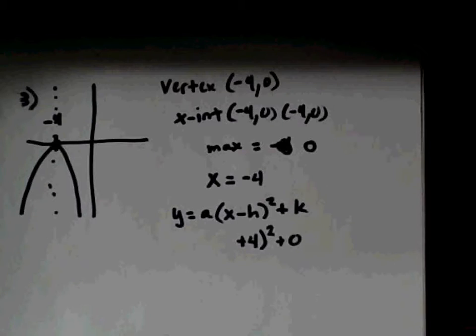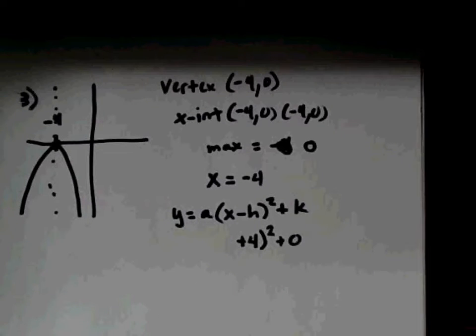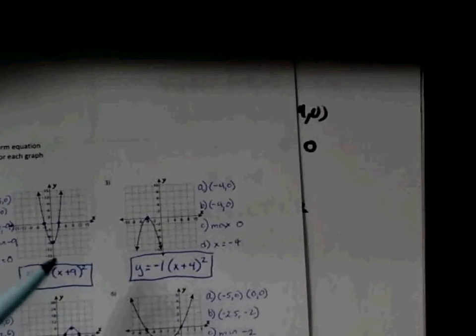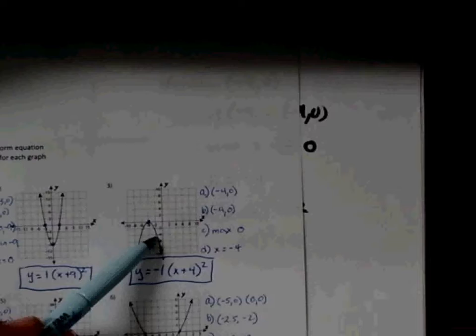So now here's where our issue entailed, because we were using the x-intercept for our x and our y. So we're going to have to look at the graph, and I'm going to show you a picture of the graph, and I'll show you what point I used, okay? And so here's our graph for number 3, and so what I did is I chose the point -2, -4 right here.